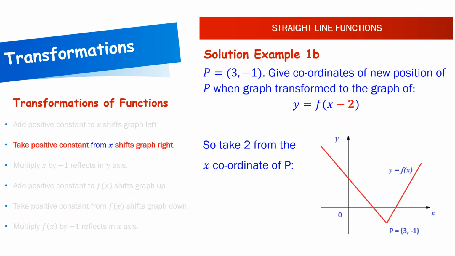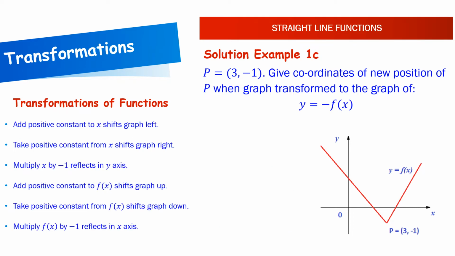So take 2 from the x coordinate of P. P new is therefore 3 minus 2, -1, and so the new value of the P coordinate is 1, -1.